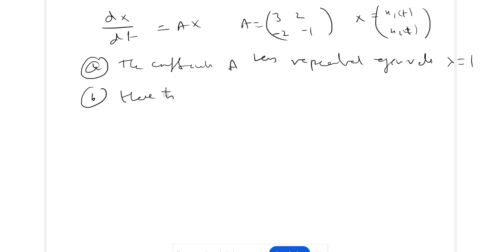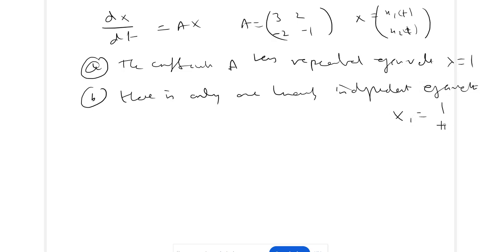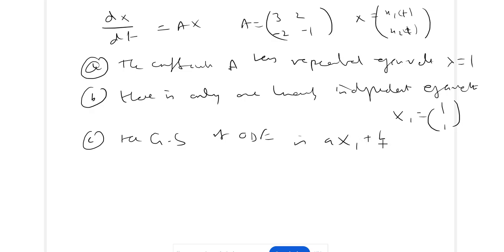So there is only one linearly independent eigenvector x1 equal to 1 1, and the general solution for this one, the general solution of ODE is ax1 plus bx2 and e power t.